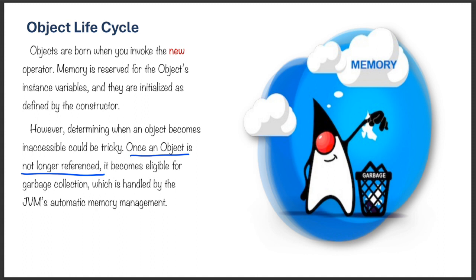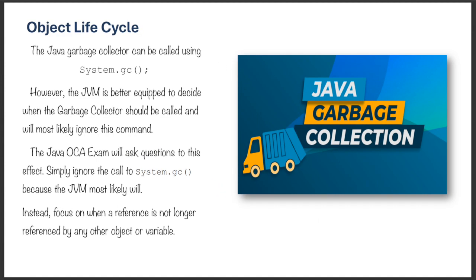So how is OCA going to question you on this? You have to keep track of when an object no longer gets referenced by a variable. Now, the Java garbage collector can be called using a command such as System.gc. However, the JVM will not run it just because you call it.